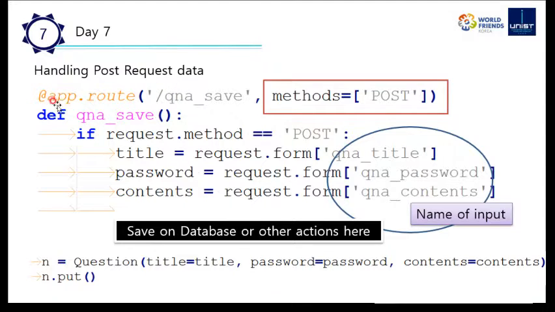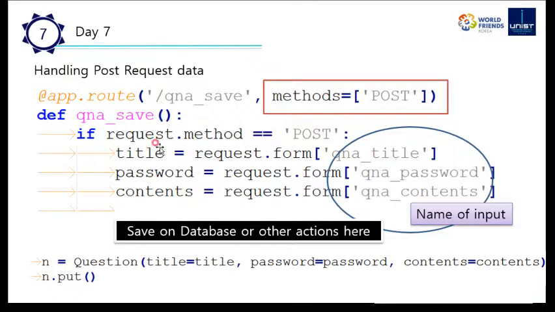Inside this function, to make sure that the method is post, you can put an if statement like this: request.method is post. Before you do this, you have to import the request library by from flask import request.